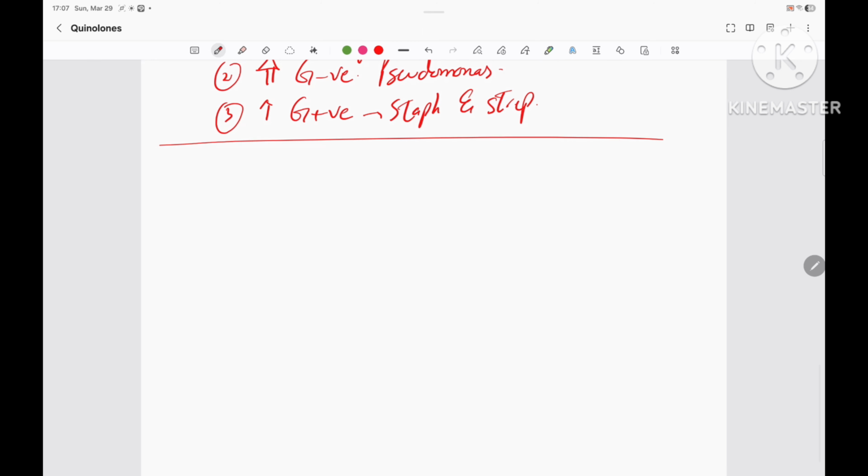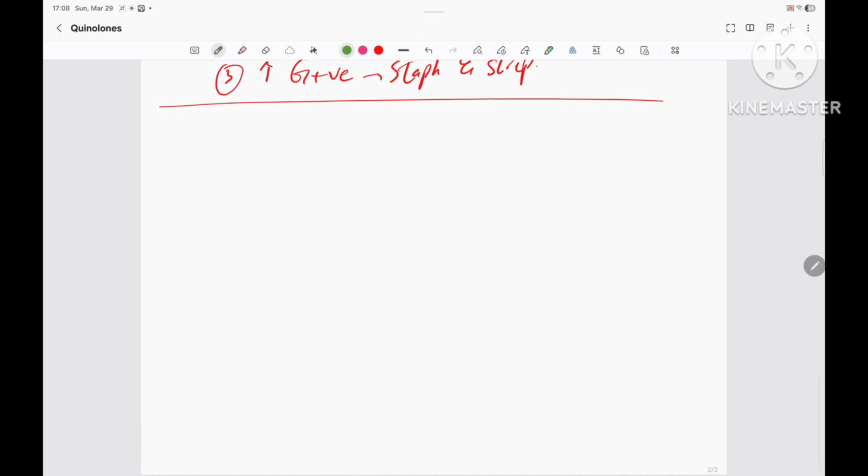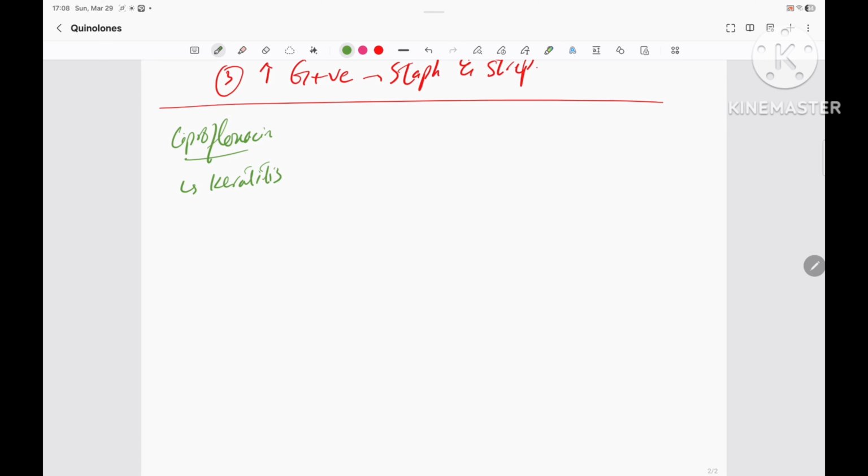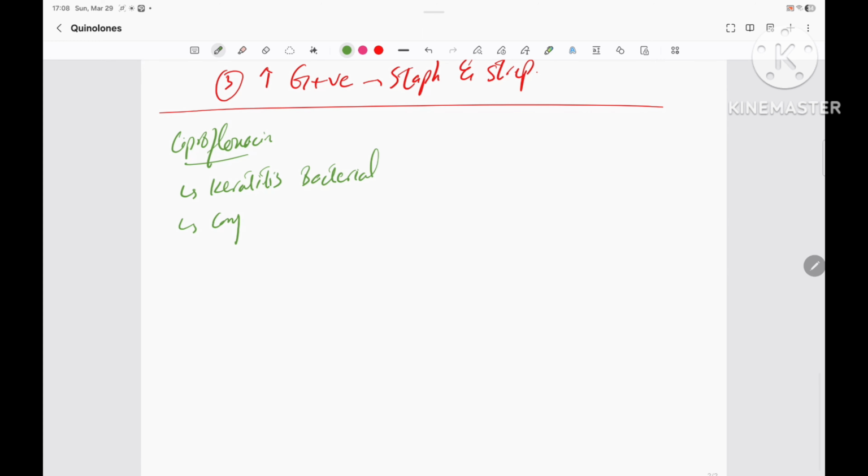After that, we have to discuss ciprofloxacin. We'll see a little bit of detail about it. If a patient is suffering from keratitis caused by bacteria, and conjunctivitis, which of course should be bacterial in nature, then ciprofloxacin is one of the best options.